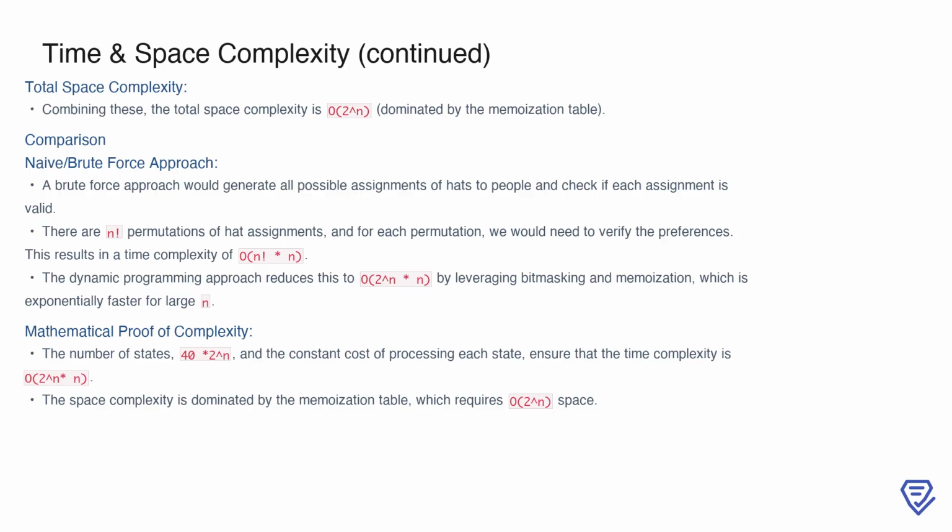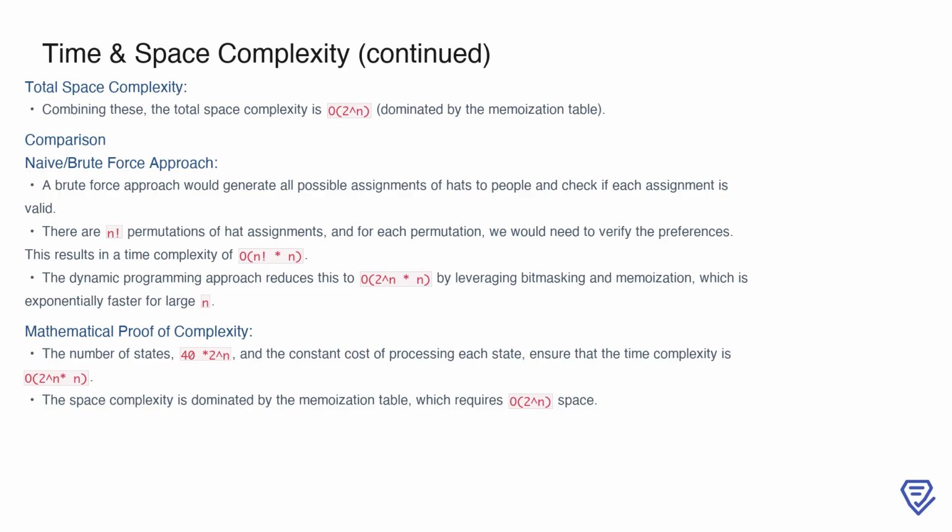To better understand the efficiency of this approach, let's compare it to a naive, brute force solution. A brute force method would involve generating all possible assignments of hats to people and verifying if each assignment satisfies the preferences. This would result in n! permutations for n people, and for each permutation, we would need to check the preferences, leading to a time complexity of n! * n.